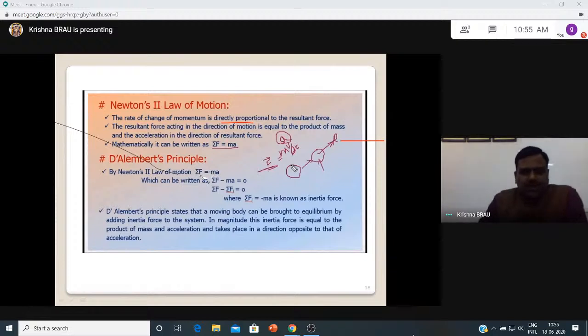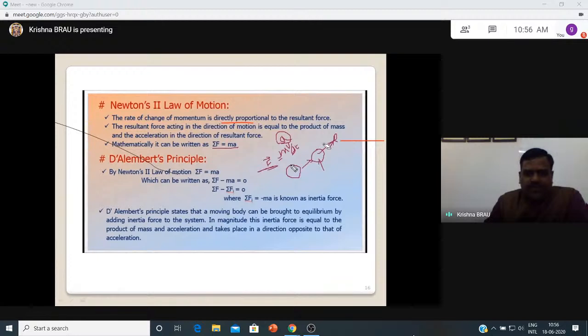Now let us see this F is equal to ma: this is force, and this is the rate of change of momentum. Acceleration is dv by dt. This m is constant; if you take dt outside, it is the rate of change of momentum.